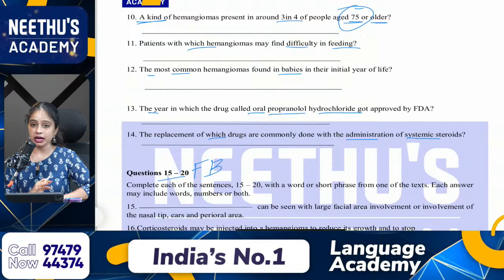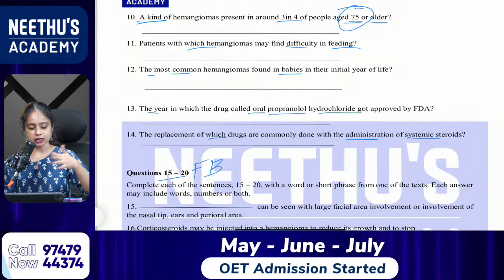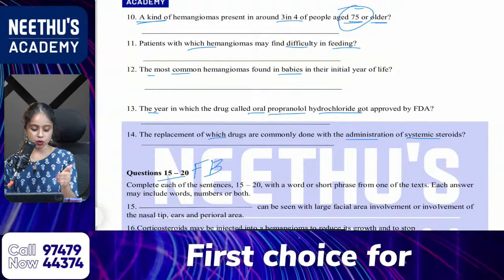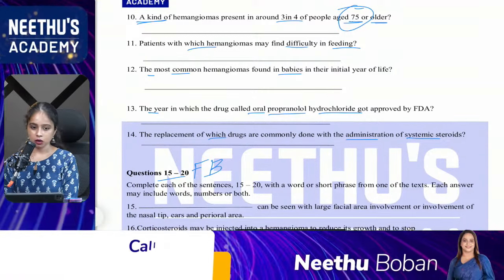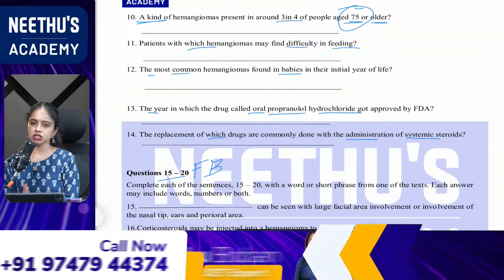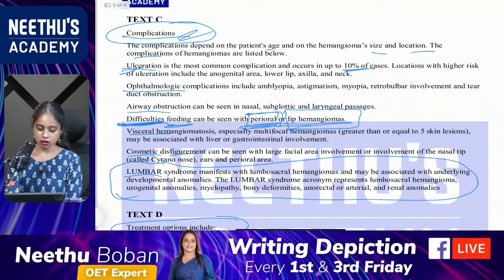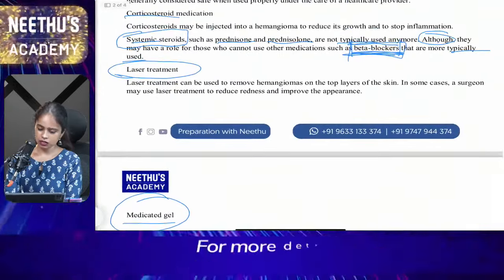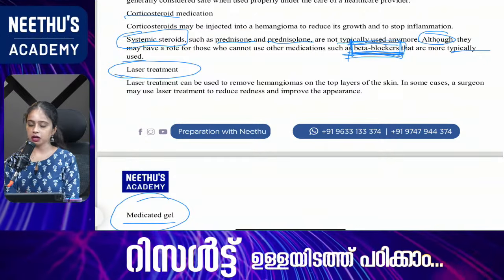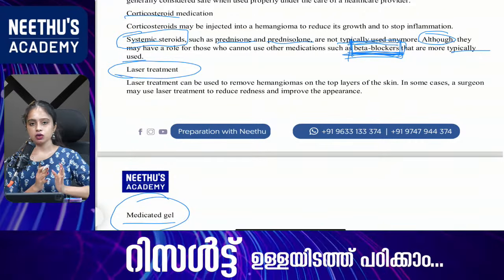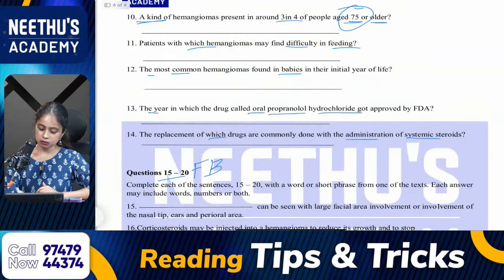If you start your answers with a capital letter, you have to follow that in the rest of the questions till the 14th. Clear? Otherwise, just write whatever they have mentioned in the paragraph. Here, they have it in small letters. See, beta-blockers, so the hyphen should be there. If any word is hyphenated, you have to write that hyphen in the answer also. So the answer is beta-blockers.